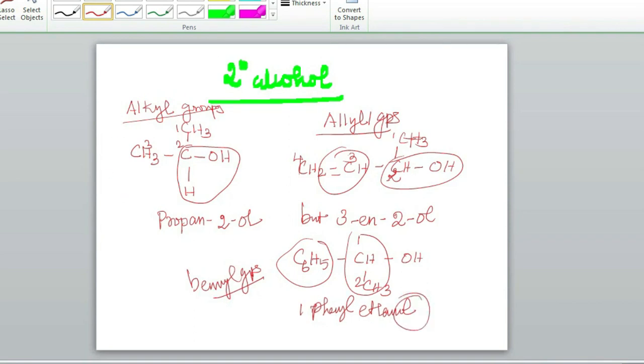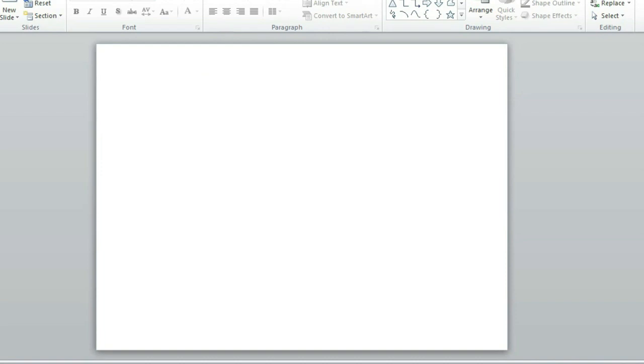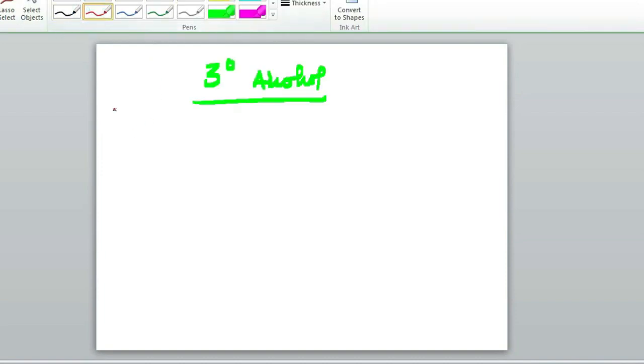Next we are going to see the tertiary alcohol, with the same points: the alkyl group and benzyl group. Here you see the example with CH3. The third carbon is directly connected to the OH group.